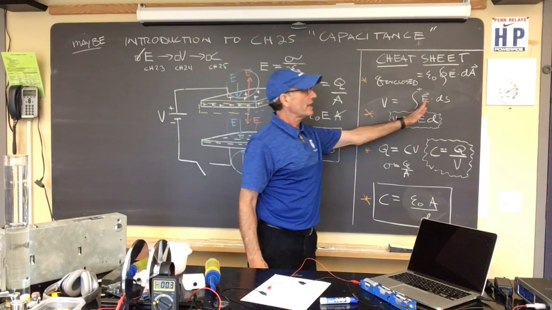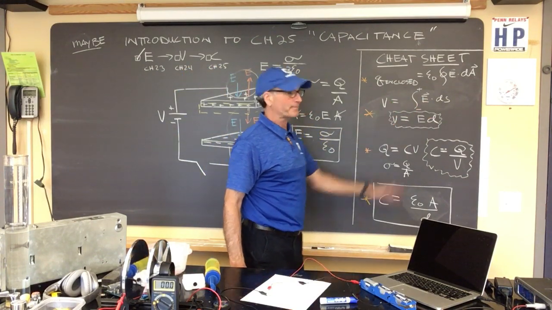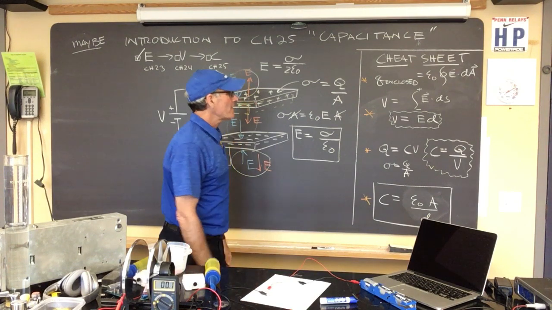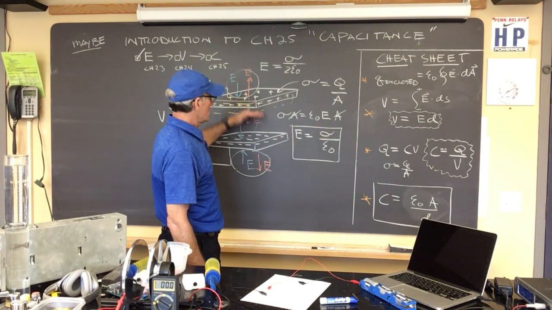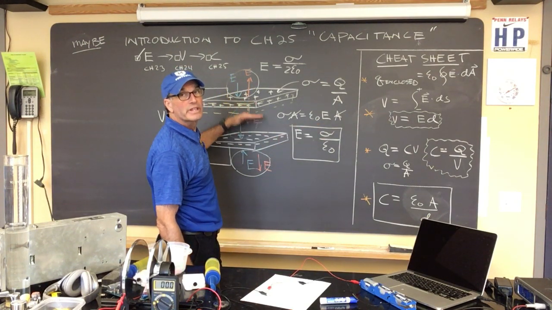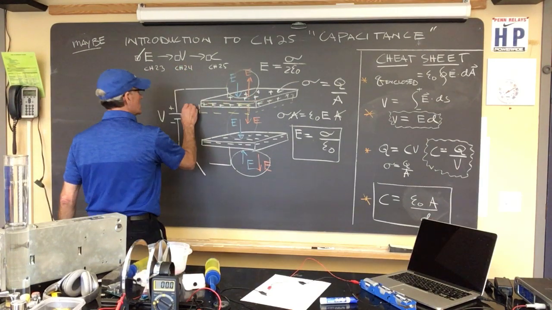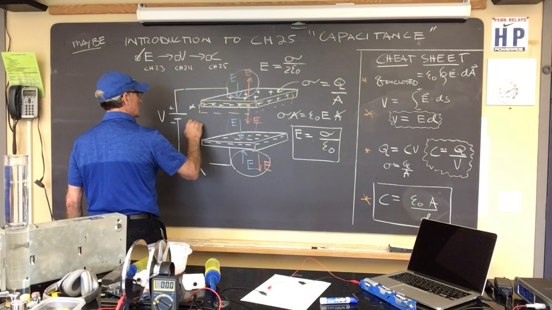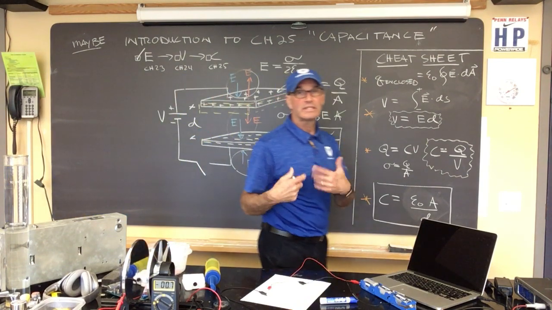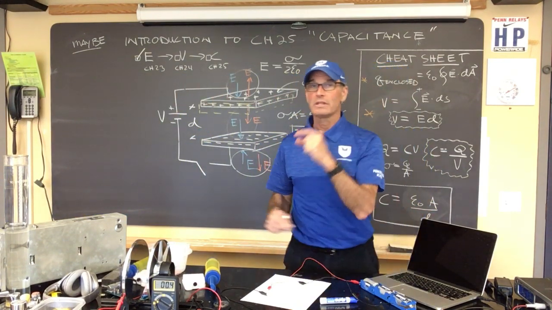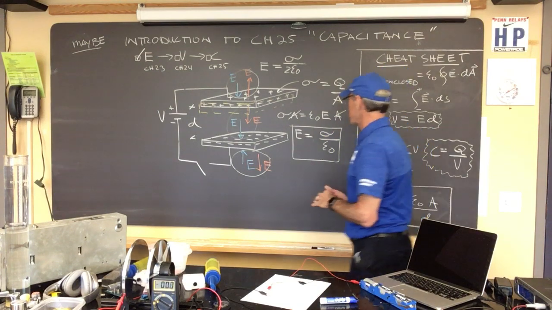So that electric field is going to come out of the integrand. And then the distance from the lower plate to the upper plate will be the plate width. I need to draw that in there. So there's a gap. We'll call that distance D. That's the gap, the spacing between the two plates.